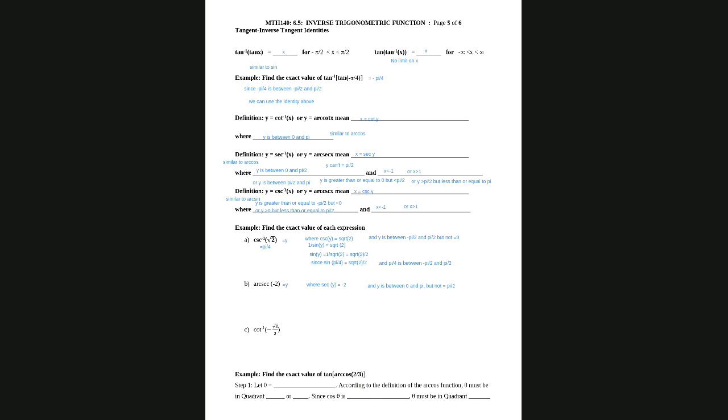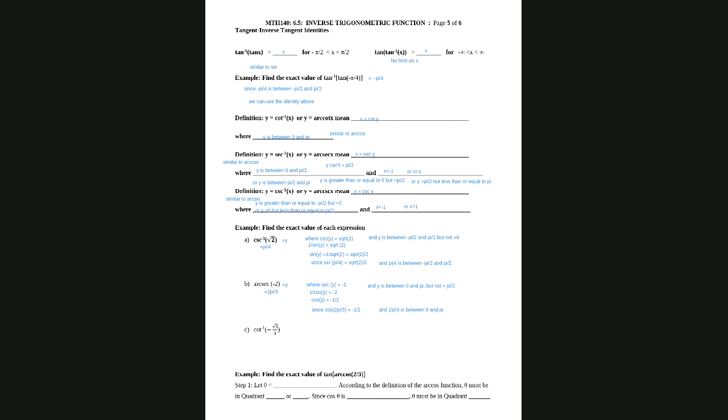That's because the secant function is equal to 1 over the cosine function. So I'm going to solve for cosine y. This gives me cosine of y is equal to negative 1/2. And since the cosine of 2 pi over 3 is equal to negative 1/2, and 2 pi over 3 is between 0 and pi, that tells me that the answer to this problem is 2 pi over 3.